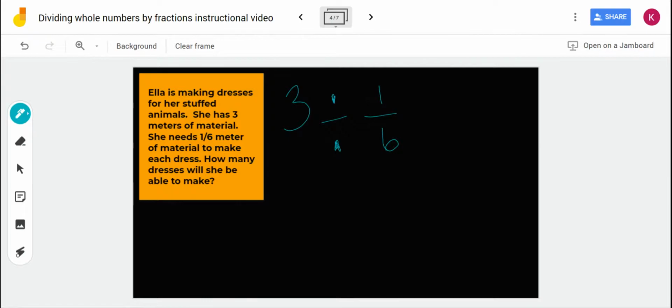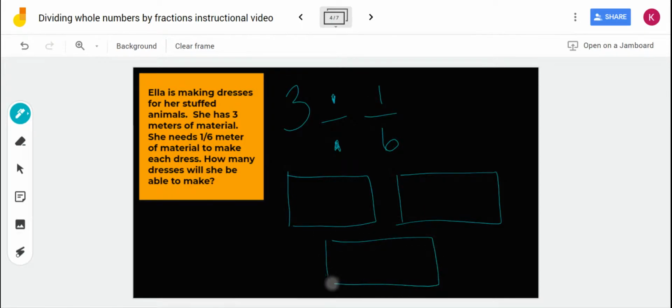So if I were to model my expression, I start with what my expression shows. So if I have 3, I'm going to start with 3 wholes. There's 3 wholes. Now what I need to do is show 1/6.